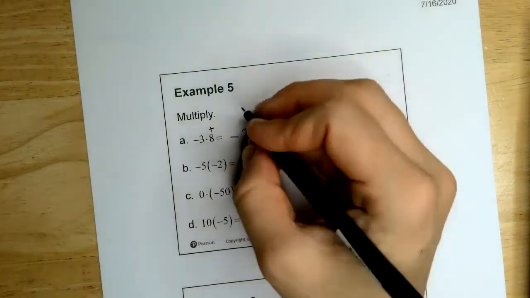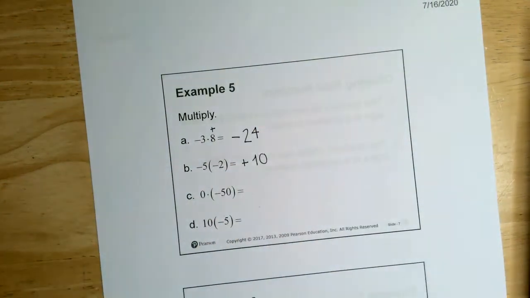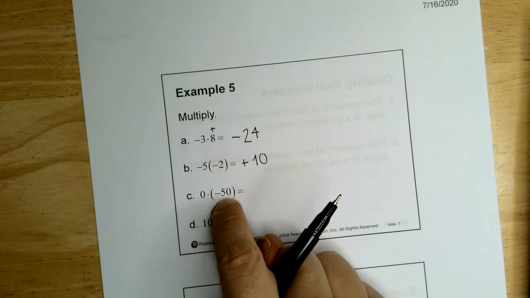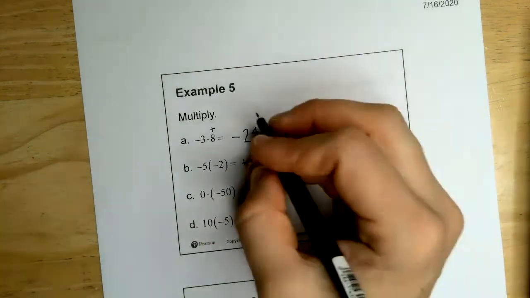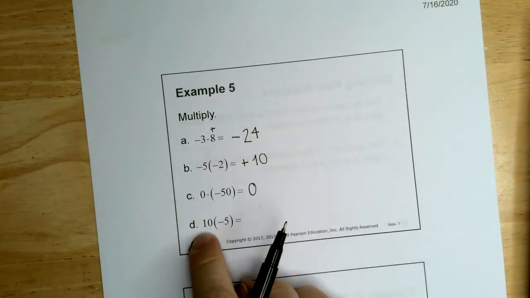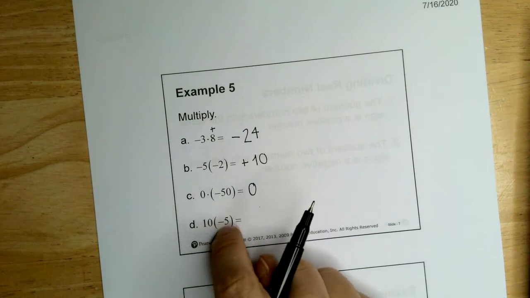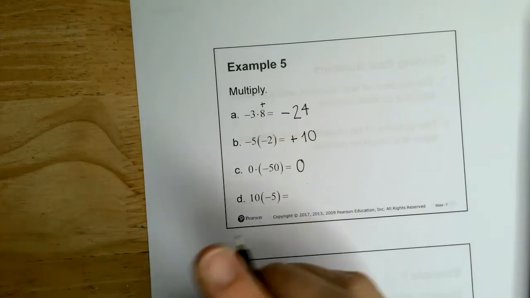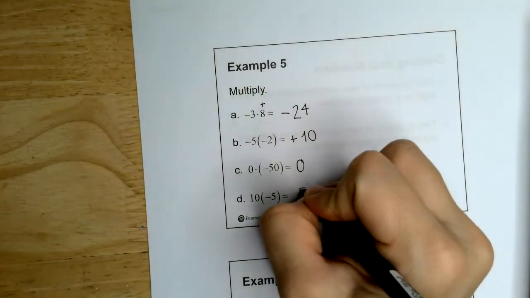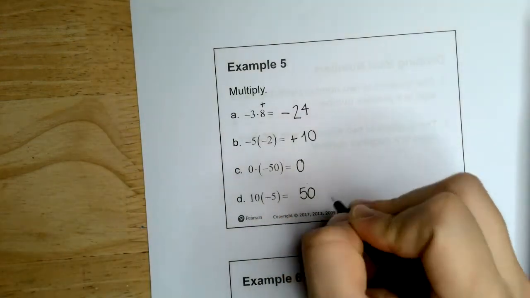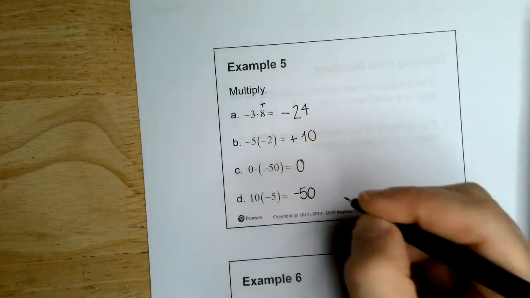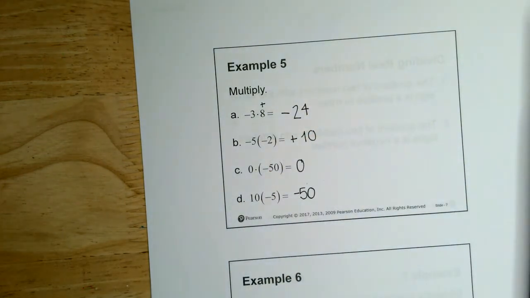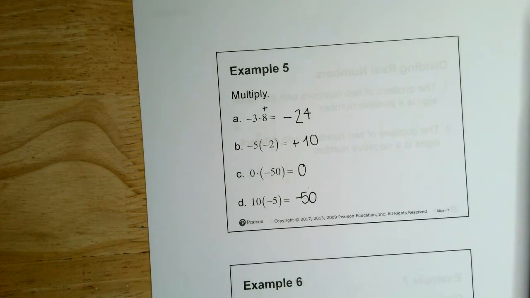The 5 times 2 is 10. 0 times negative 50 is 0. 10 times negative 5, because if it's right next to each other with parentheses, it always means multiply. So 10 times 5 is 50, and those signs are different. If the signs are different, it's always negative. We have negative 24, 10, 0, and negative 50.